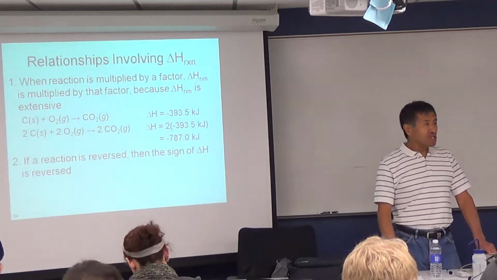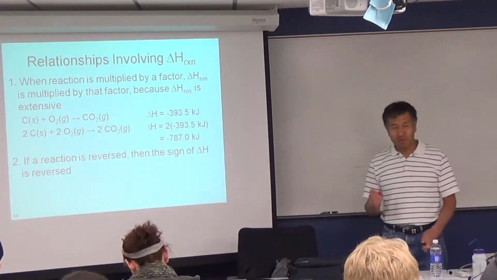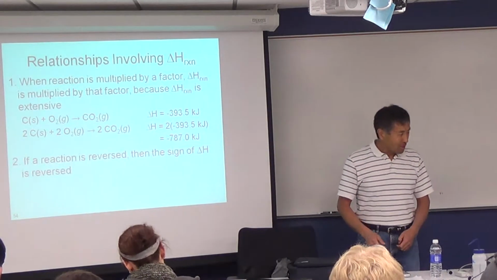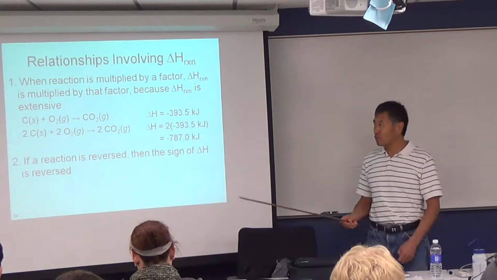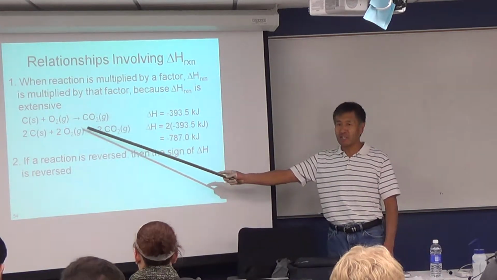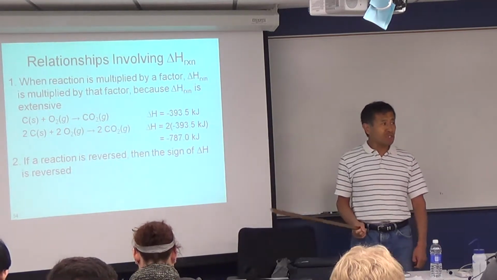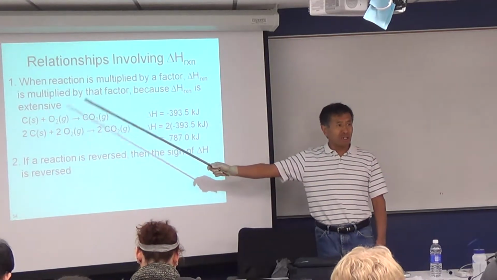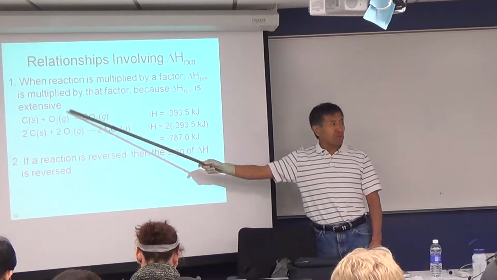The second relationship is also important. All 3 are very important for you to understand in this section. Which means if you reverse the equation as written, what we mean by reverse equation is you will write the product as reactants and the reactants as products.